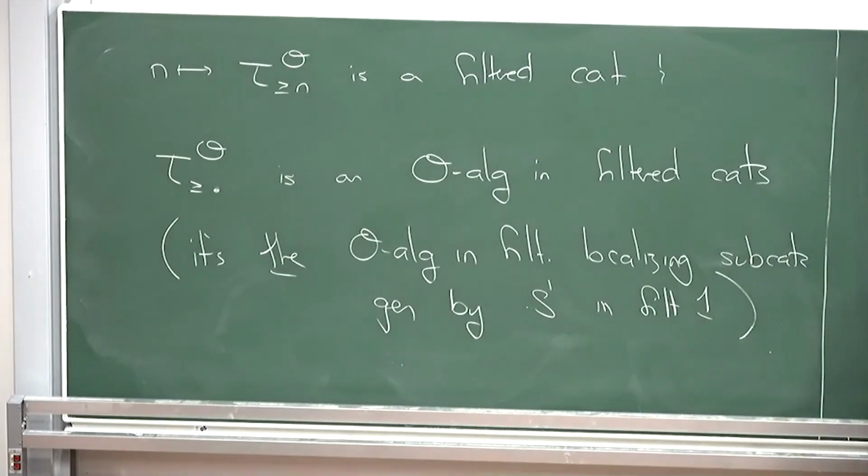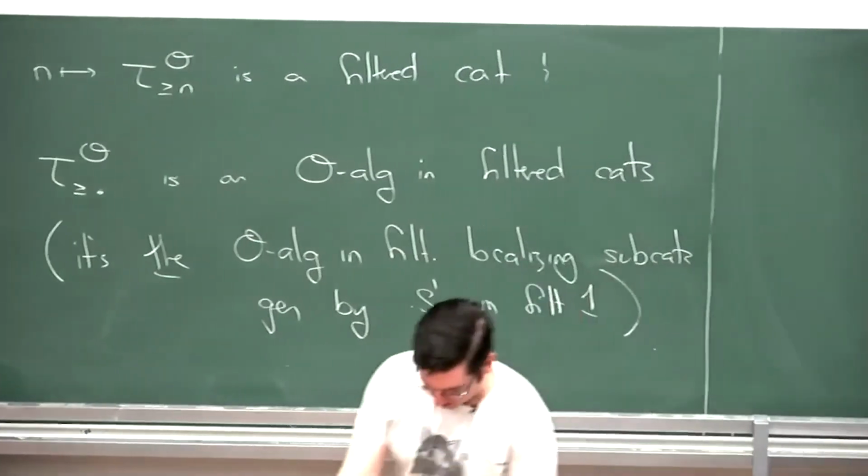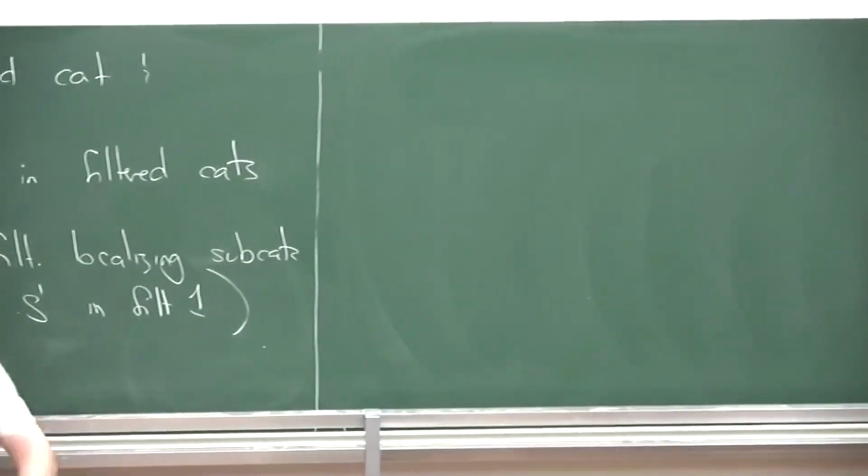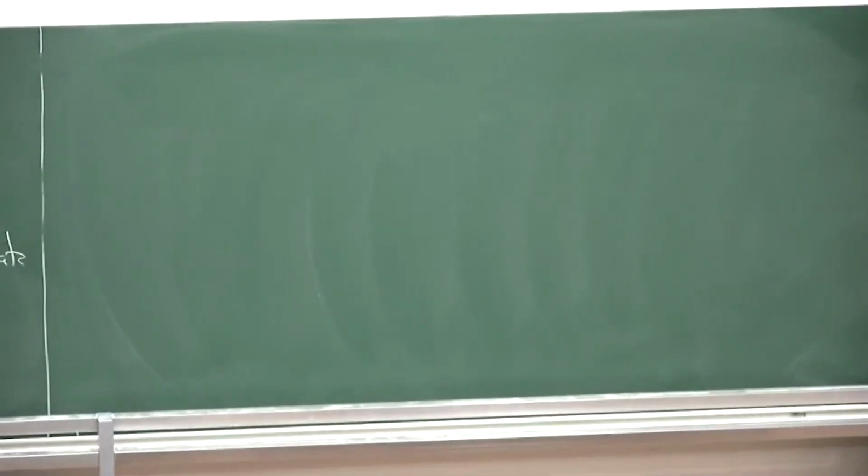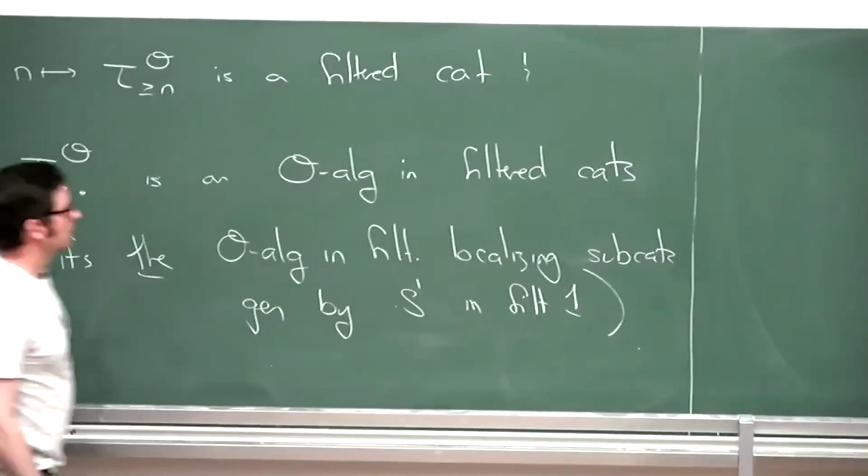Remember, the key property of, say, the Whitehead tower instead of the Postnikov tower was that when I used the Whitehead tower, the product of something in filtration K with something in filtration L was in filtration K plus L. This is built to have the same property.